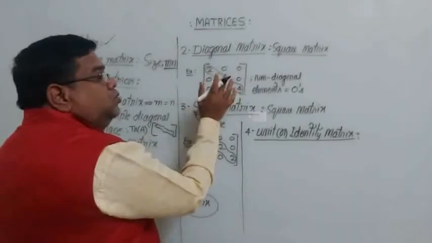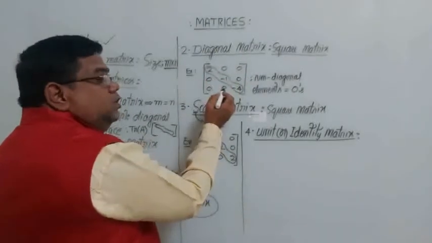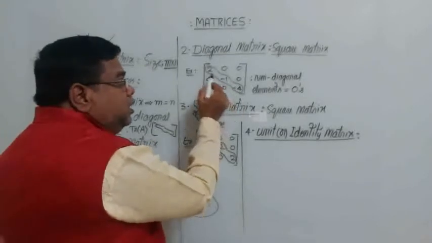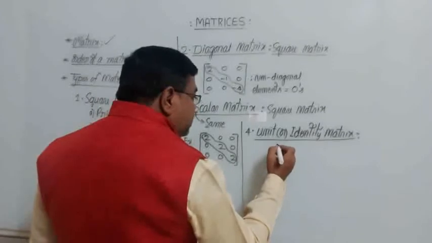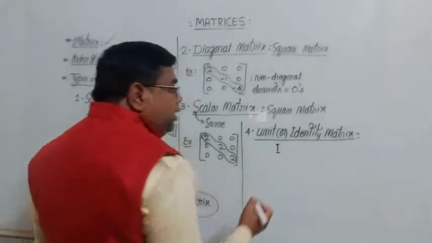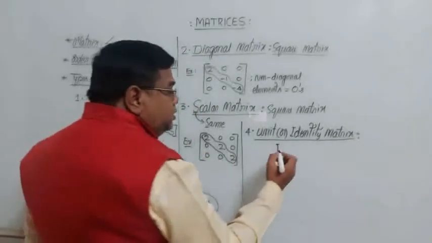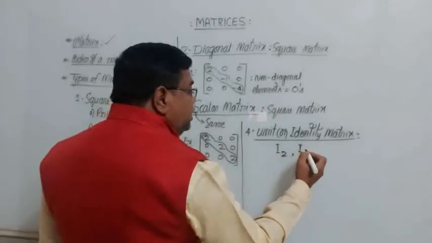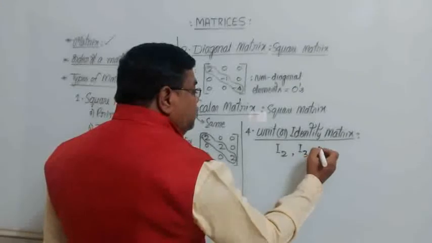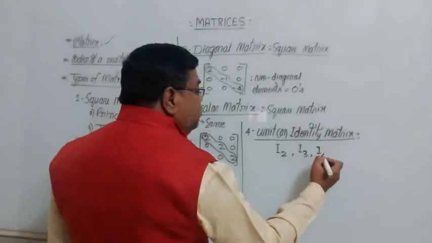Non-diagonal elements are zeros, but here the principal diagonal elements are only one, and it is denoted by I. The unit matrix or identity matrix is denoted by I. If its order is 2, it is denoted by I2. If its order is 3, I3. If the order is 4, I4.